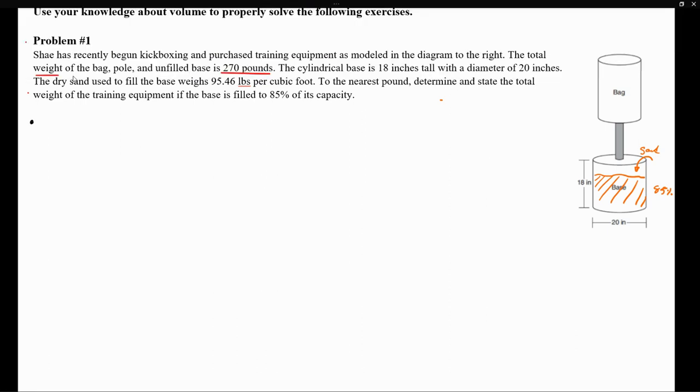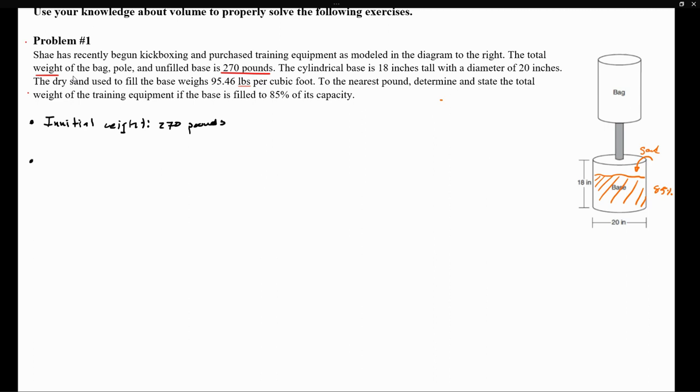So let's start by writing down what we know. We know that the initial weight of this equipment is 270 pounds, which is what was stated here.